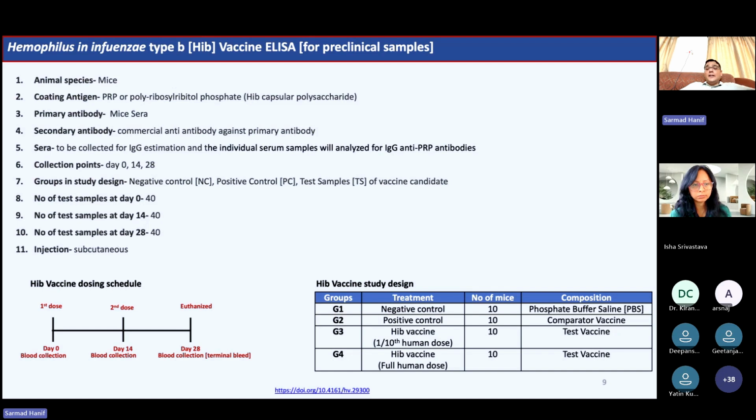The other point is that in the conjugate vaccines, you have the antigen, which is generally a polysaccharide, conjugated to the carrier protein, which gives you the T cell response. If the conjugation in your vaccine is not properly done, it will not be a proper conjugate, so there are chances that it will give you a lesser immune response.